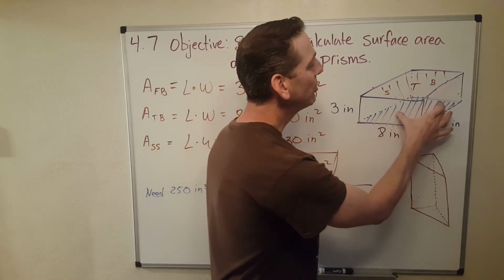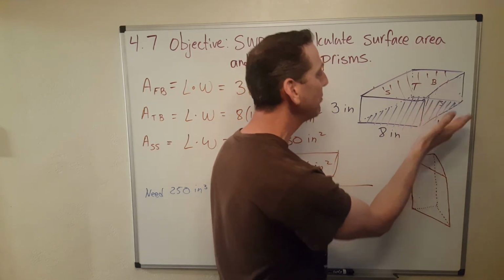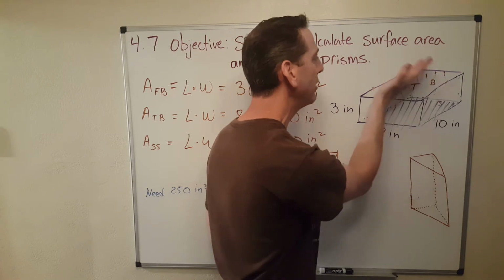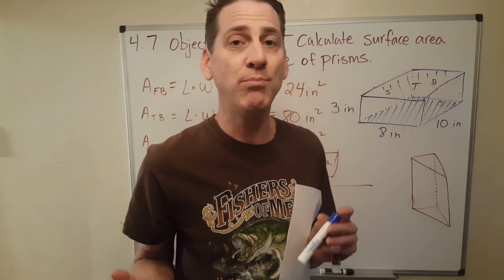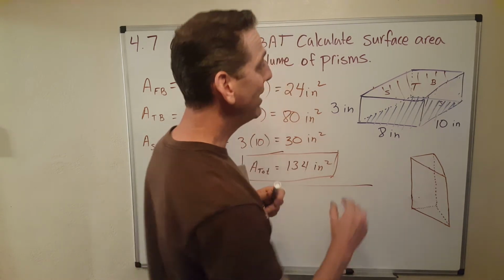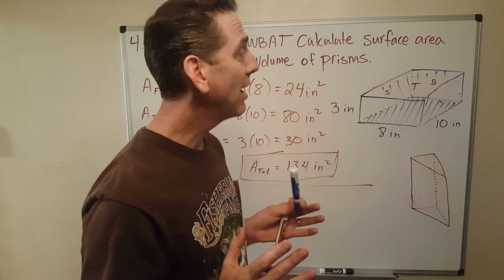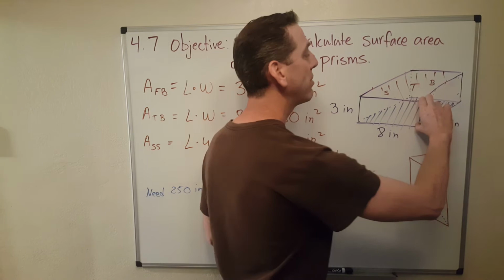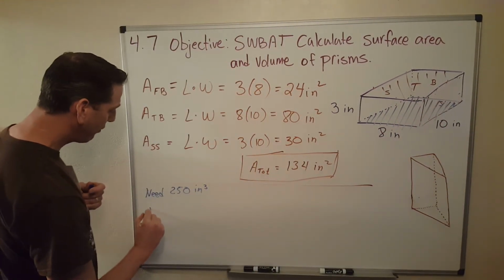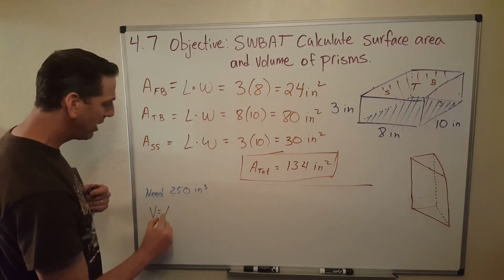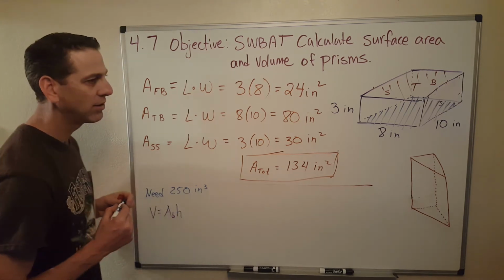If I kept on stacking that area on top of each other until I got all the way to the top, I would fill that box, right? So basically, I just need to multiply the area of this base times the height of that prism. All right? So the volume is going to be the area of my base times my height.